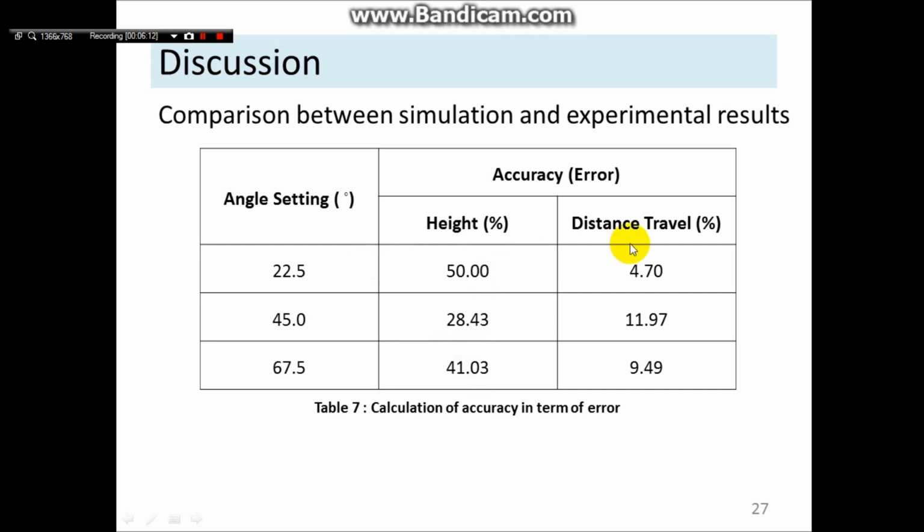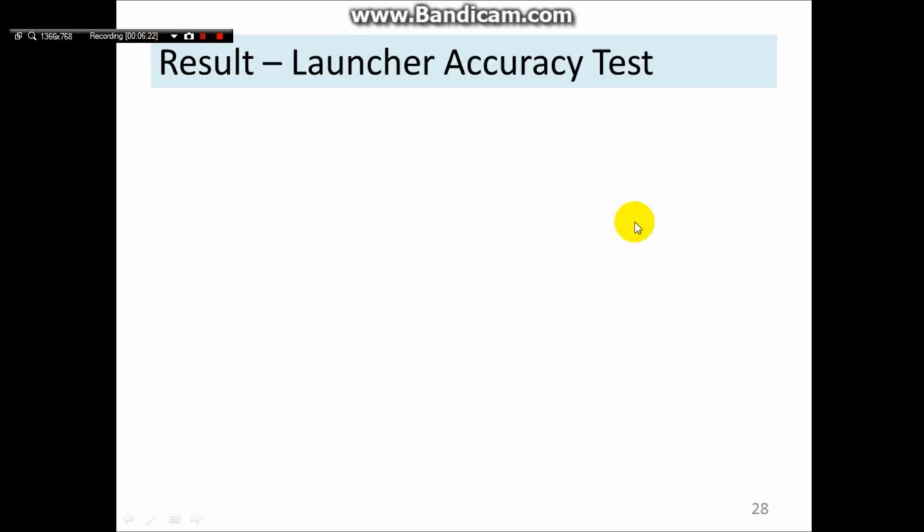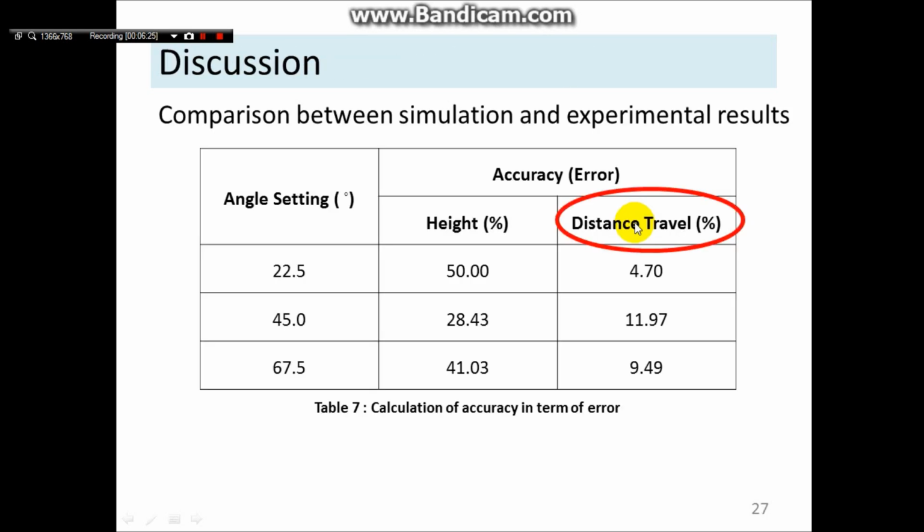So as we can see, the error percentage of distance traveled is greater than the height. The error percentage is lower, which means higher accuracy.